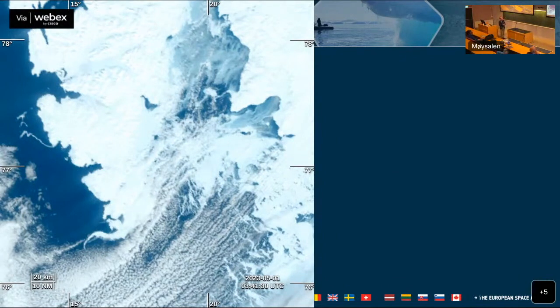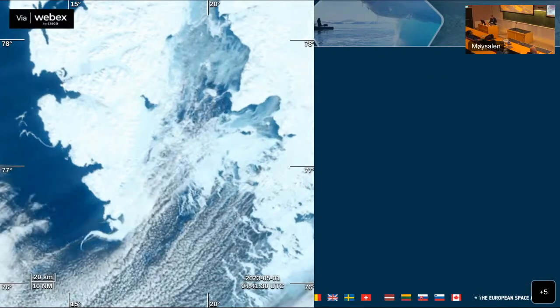There are, in fact, more than 12 passages of this area in the course of a 30 hours period. So it's a huge temporal frequency that we are now able to take benefit of, provided, of course, that it's cloud-free. And here you can see a little bit of an animation.